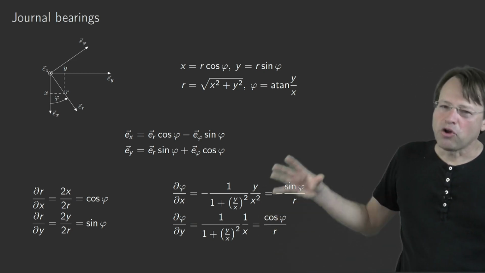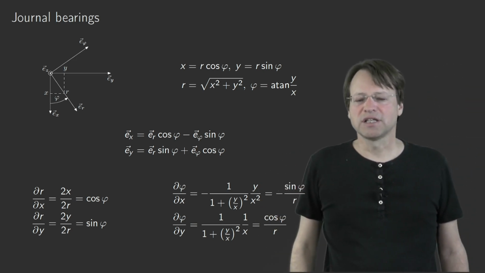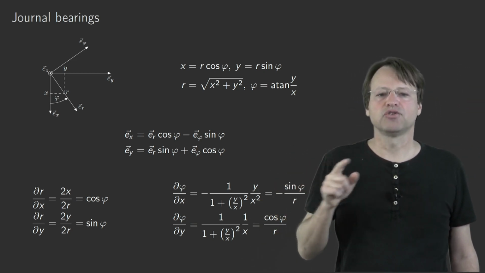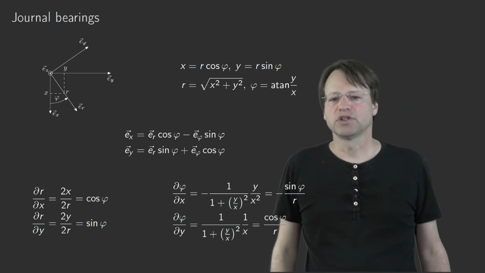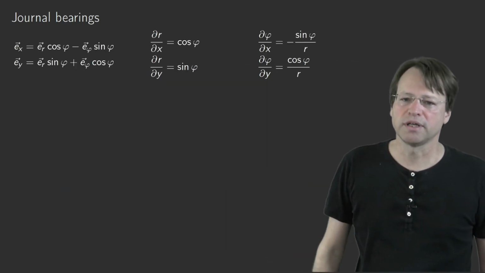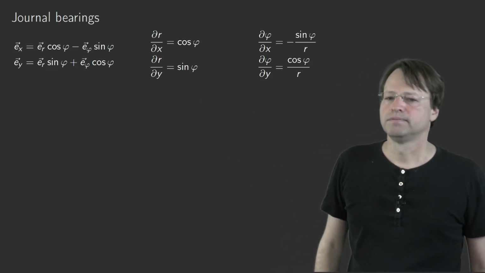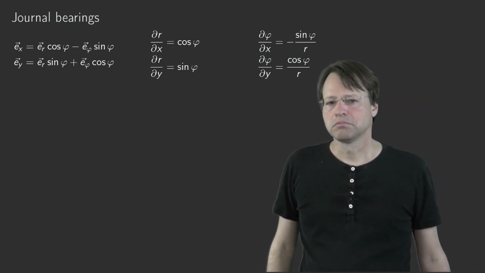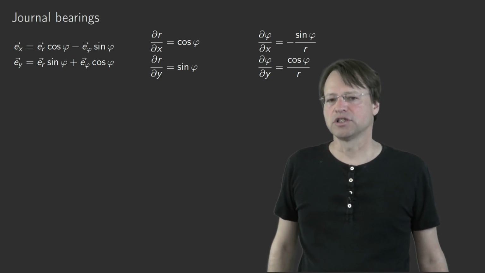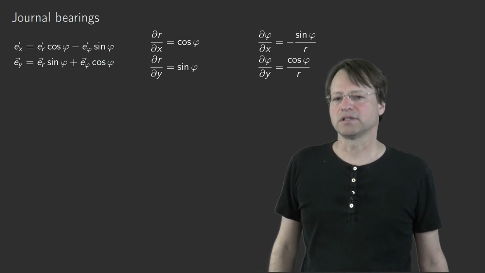Okay, I copy the results to the next slide, and then we will try to manipulate the differential operators, and I will show you just one example here. So these are all the results we need, and of course the relationship between the Cartesian and polar coordinates as well.